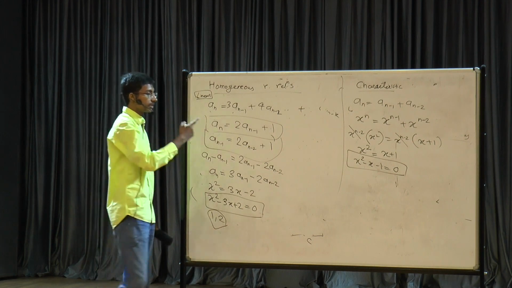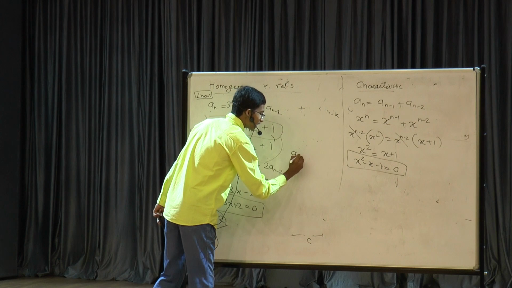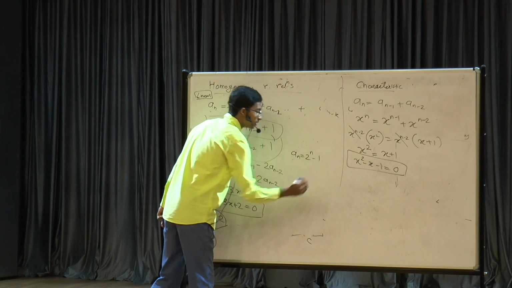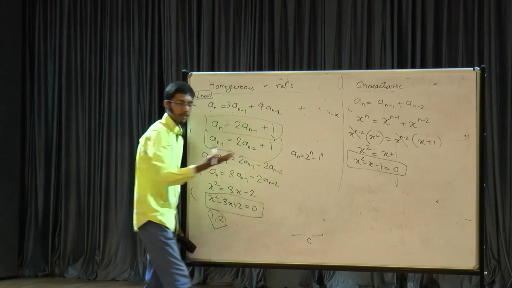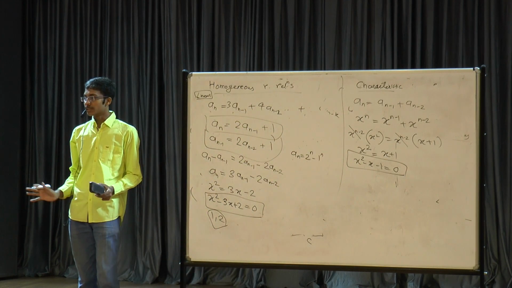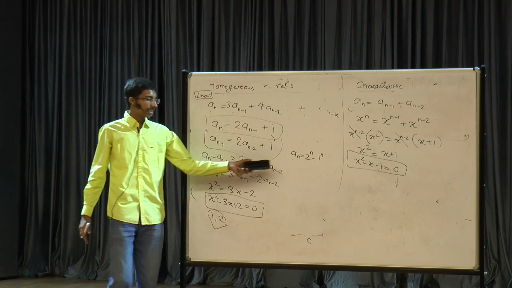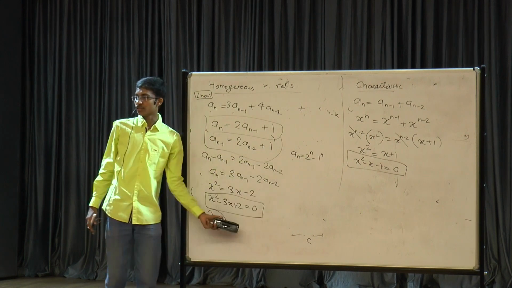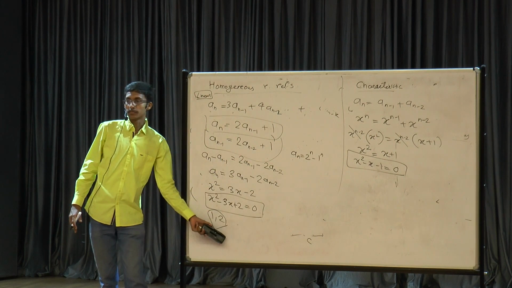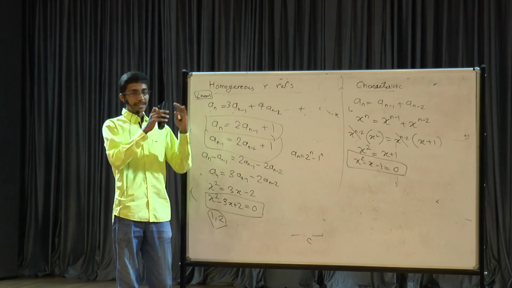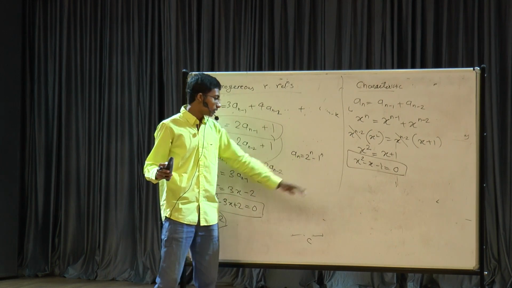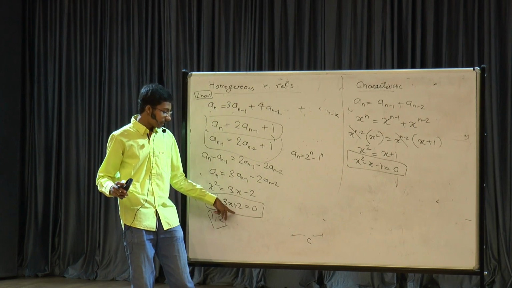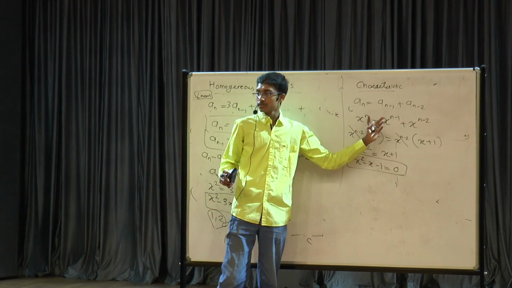If you remember the general formula for our a_n, it was 2^n minus 1. I can see this as 2^n minus 1^n, because 1^n is 1, right? So you see that the general formula is somehow related to the roots of the polynomial. So your entire sequence, the general formula depends on this, which was obtained from such an equation.